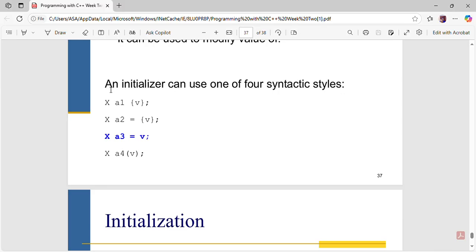And then it can also be done as X a2 = {V}, with V in the 2 curly braces, and then X a3 = V. And then the 4th style is X a4(V), with the bracket closed.